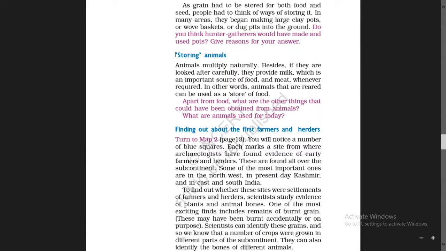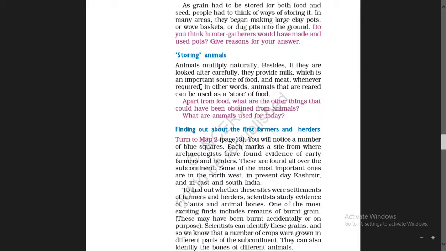Let us see, storing animals has also been given here, boys. Animals multiply naturally, means increase naturally. Besides, if they are looked after carefully, they provide milk, which is an important source of food, and meat whenever required.